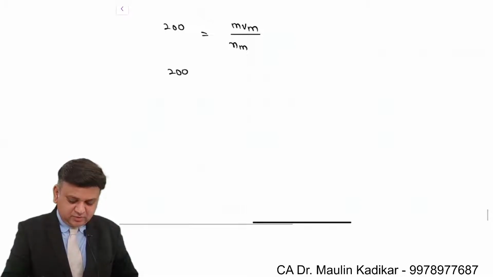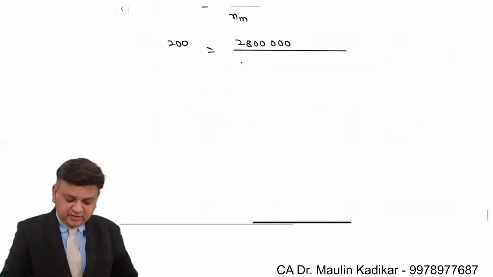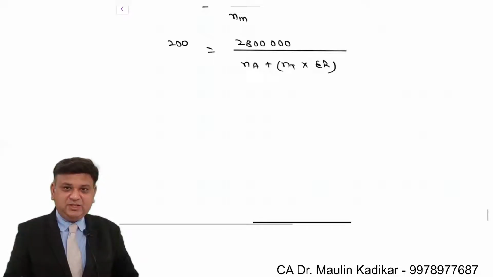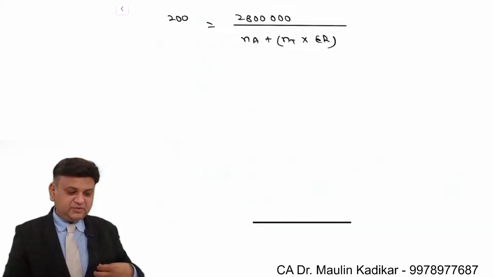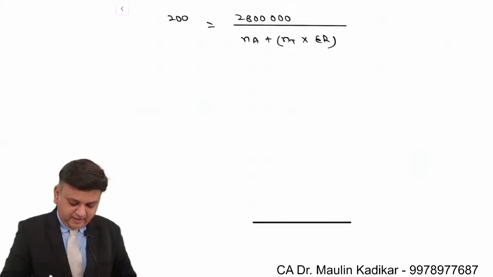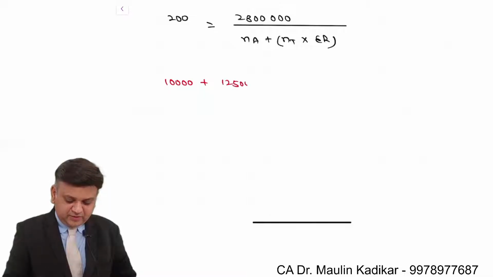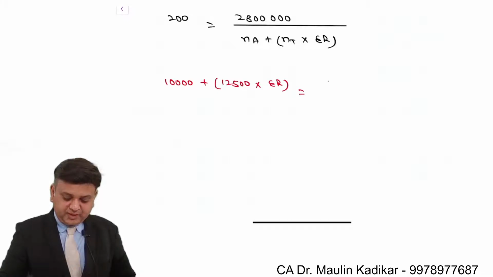So 200 is equal to the market value of the merged firm, which is 28 lakhs, divided by the number of shares of the merged firm, which is the number of shares of the acquiring company plus the number of shares of the target company into exchange ratio. The number of shares of the acquiring company is 10,000. The number of shares of the target company is 12,500 into exchange ratio, equal to 28 lakhs divided by 200.